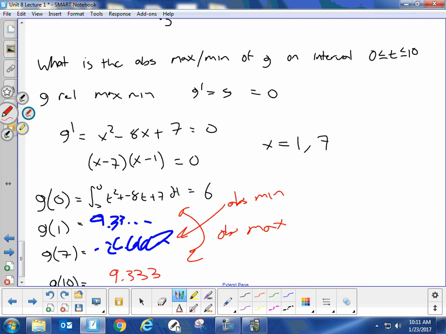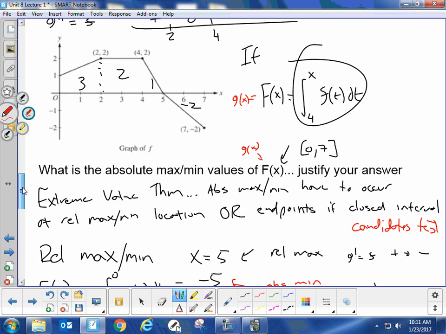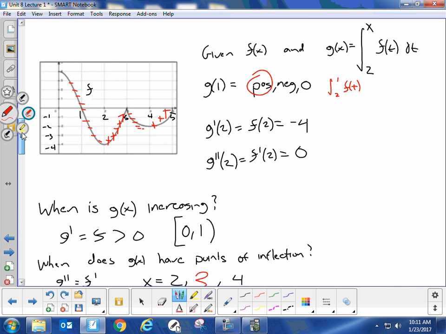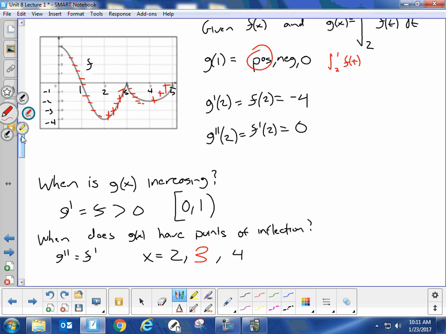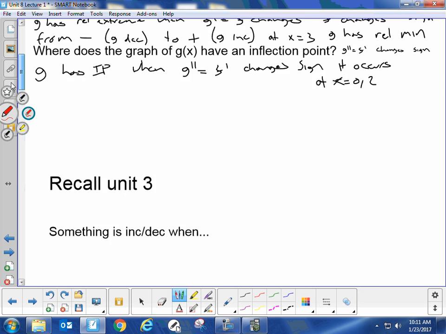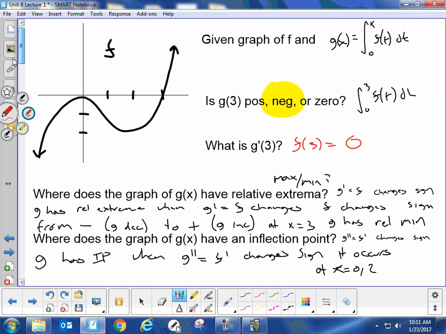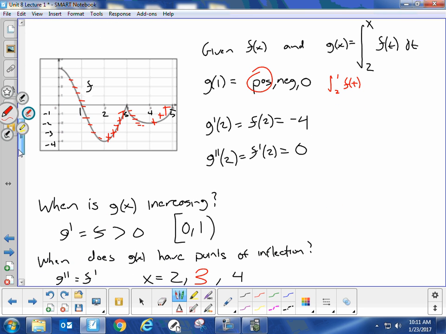Okay? You should be able to find the locations of the absolute maxes and mins for something like this that we've already done, as well as something like this if I give you a closed interval, okay? You can just look at the accumulated areas to do this.